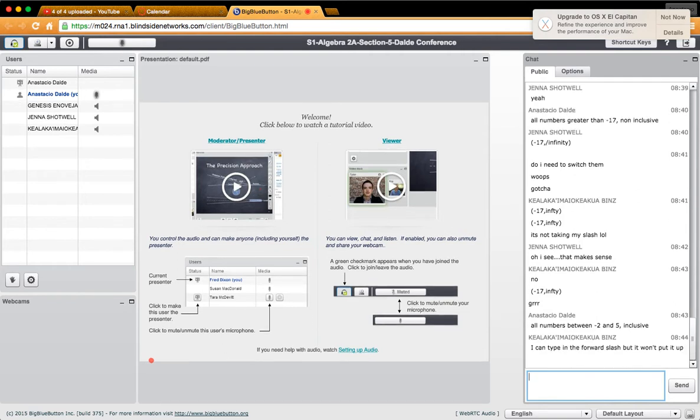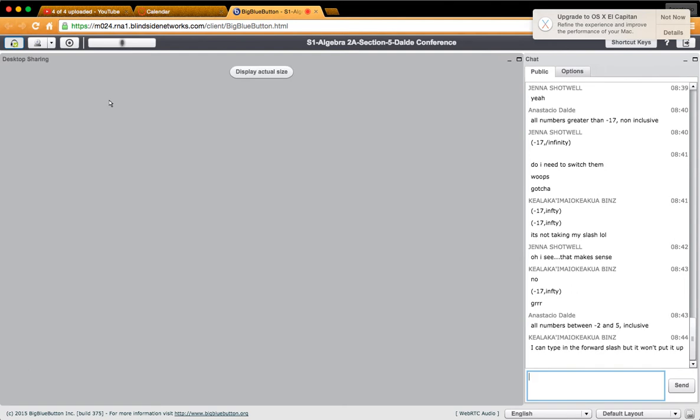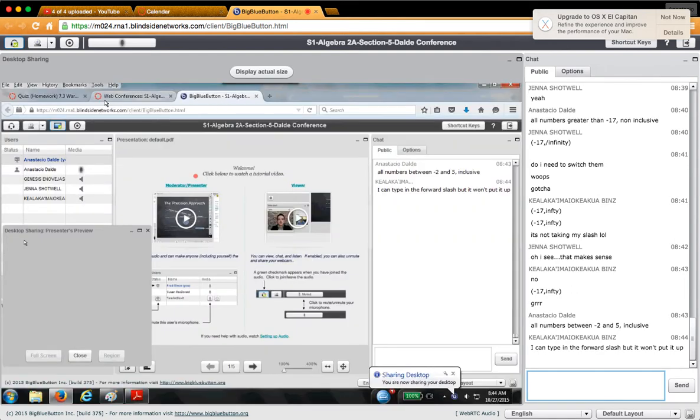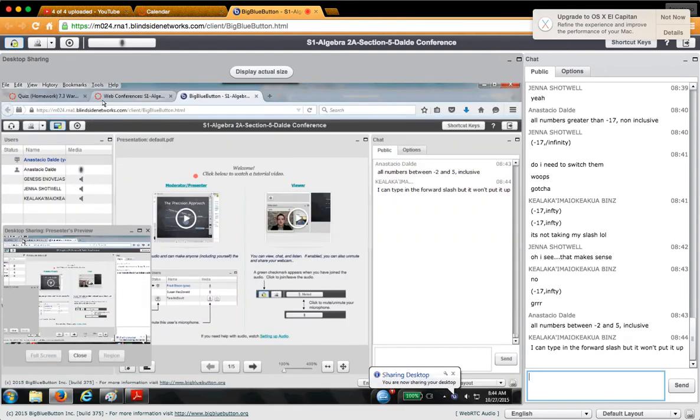Tell me what that would be. Don't worry about it. As long as you make sure you have it in your answer key, you'll be all right. So what are all numbers in between -2 and 5 inclusive? Tell me how you would input that into the computer.